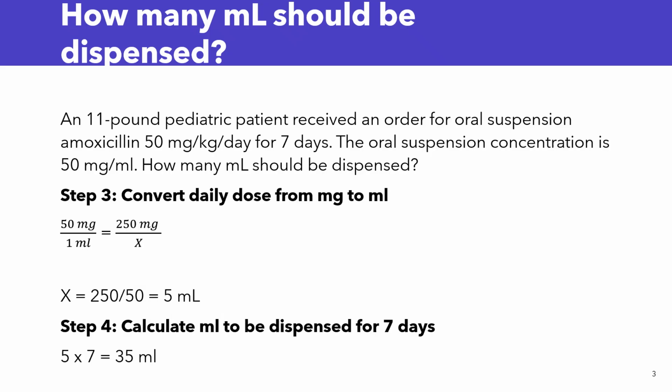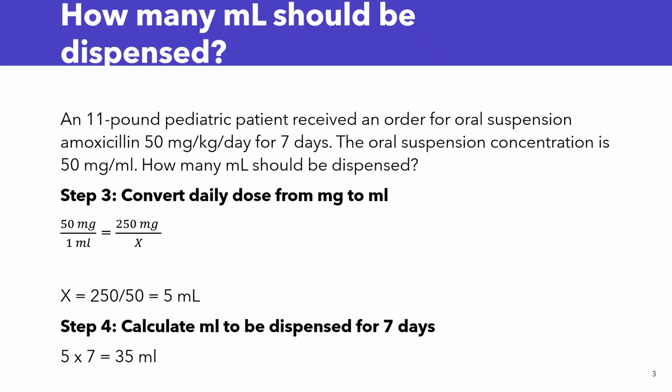The next step is to convert that daily dose from milligram to ml. So how do we do that? We can use ratio and proportion. So it's going to be 50 milligram over 1 ml, that's the concentration, equals 250 milligram, that's the daily dose we just found in step 2, over x.